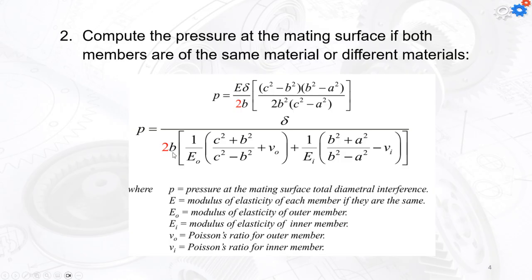B is the radius of the mating part. Same thing for C, which is the radius of the outer surface of the outer part, and A is the inner radius of the inner part.